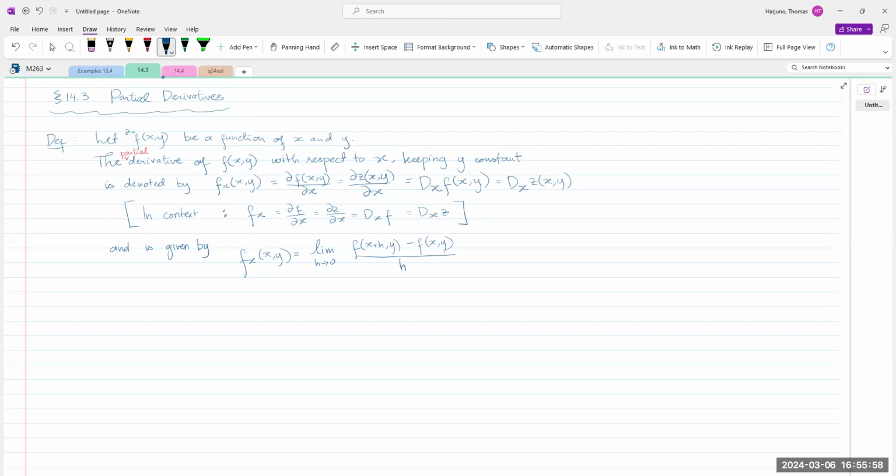But because we have two variables right now, what we did is hold the y component constant. The y component is held constant, and x is varied.